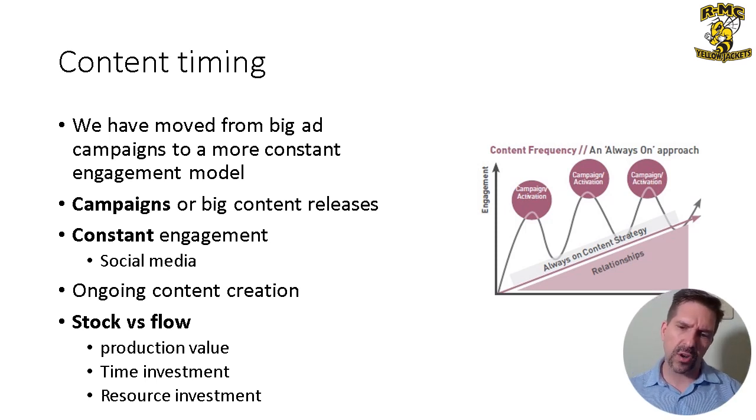That is not the case online. Online, for the most part, if you want to be successful, you have a model that approaches those big bang campaigns, but in between those campaigns, you still have a trickle of information that still needs to be there.